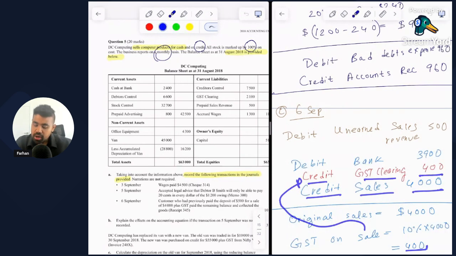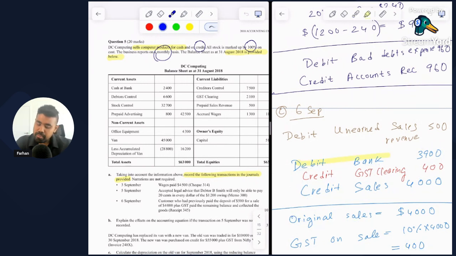Okay. Now, the remaining balance, which is the deficit of $3,900 that we have included on the debit side, refers to the amount that we have received on the 6th of September, the cash that we have received on the 6th of September, and that is $3,900. Now, how does it make sense? Think about the original sales amount was $4,000, and including GST altogether, it would add up to $4,400, right?